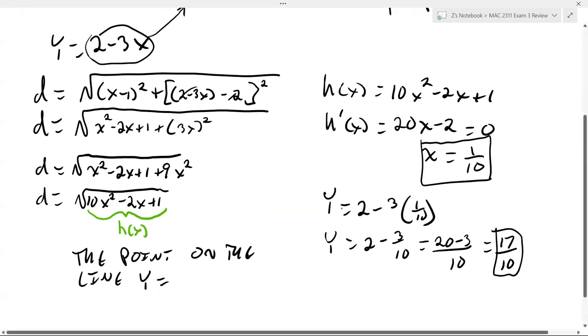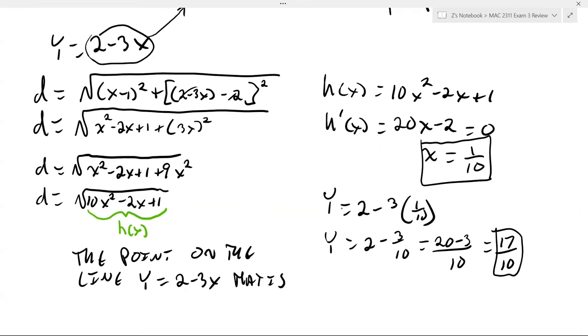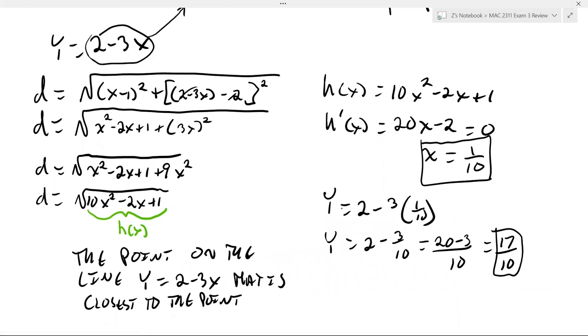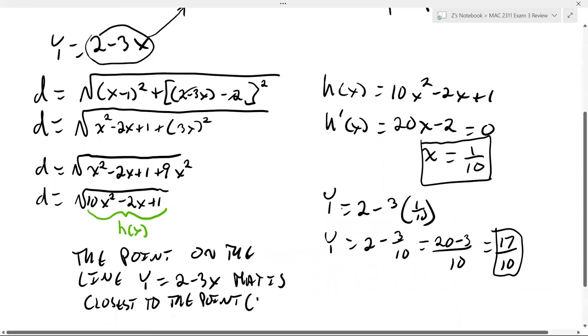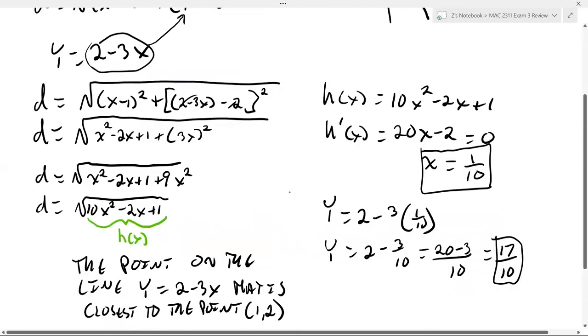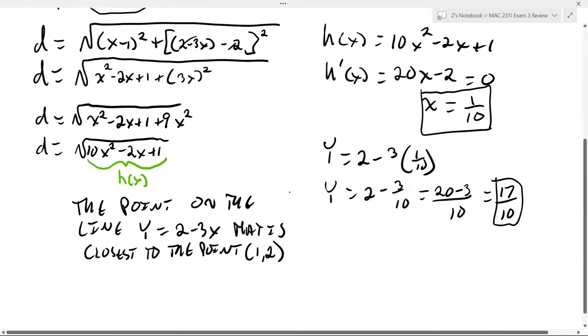So my point is the point on the line y equals 2 minus 3x that is closest to the point 1, 2. I'm just going to double check, make sure that actually is what I was asking. The point is 1/10, 17/10.